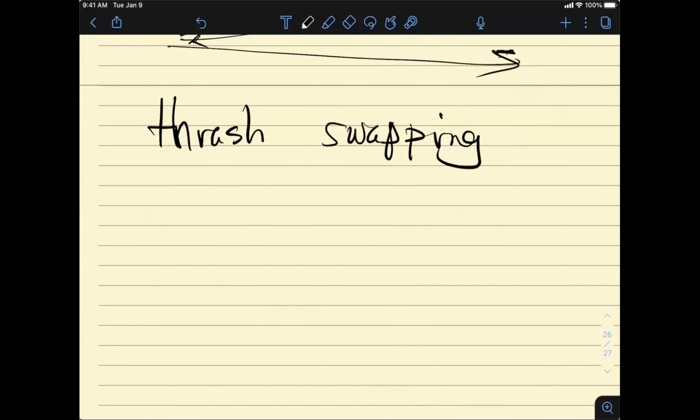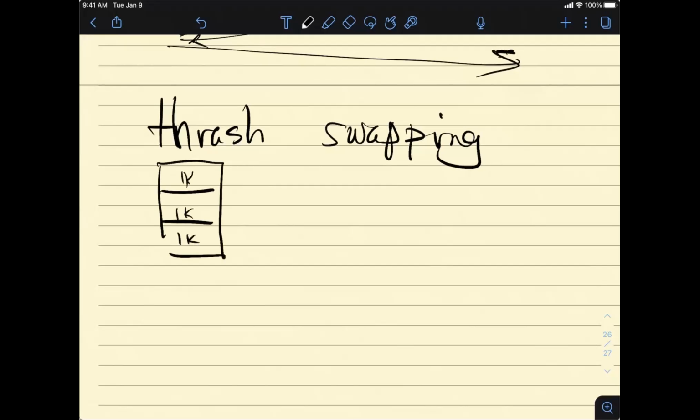So thrashing can happen in the following way. Let's make a contrived example of a computer that has 3 blocks of memory. Let's say 3 kilobytes of memory. So here's my 3 kilobytes, 1K, 1K, and 1K.